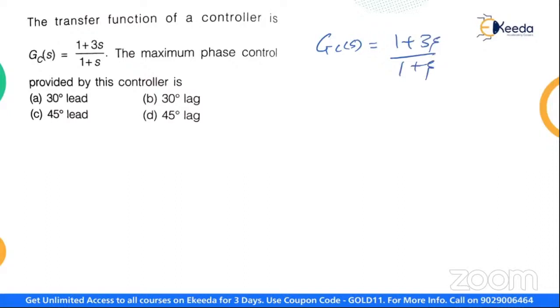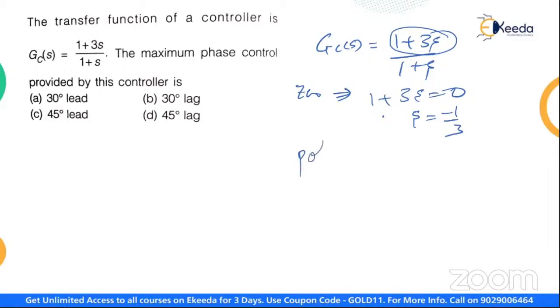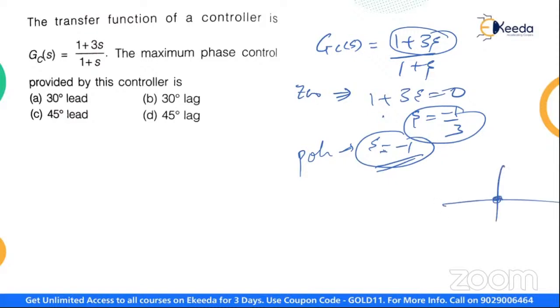Where is your 0 here? 0 is given by the numerator, so 1 plus 3S equal to 0. If you equate, you get S equal to minus 1 by 3. So it is your 0. Where is your pole? Pole is S equal to minus 1. This is 0, this is pole. If you stand on the origin, minus 1 by 3 will be somewhere here and minus 1 will be somewhere here.